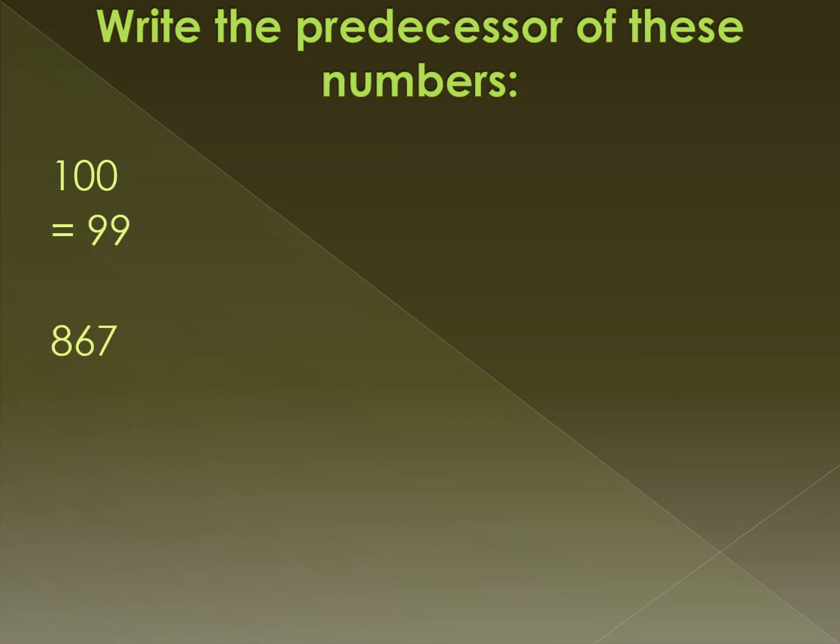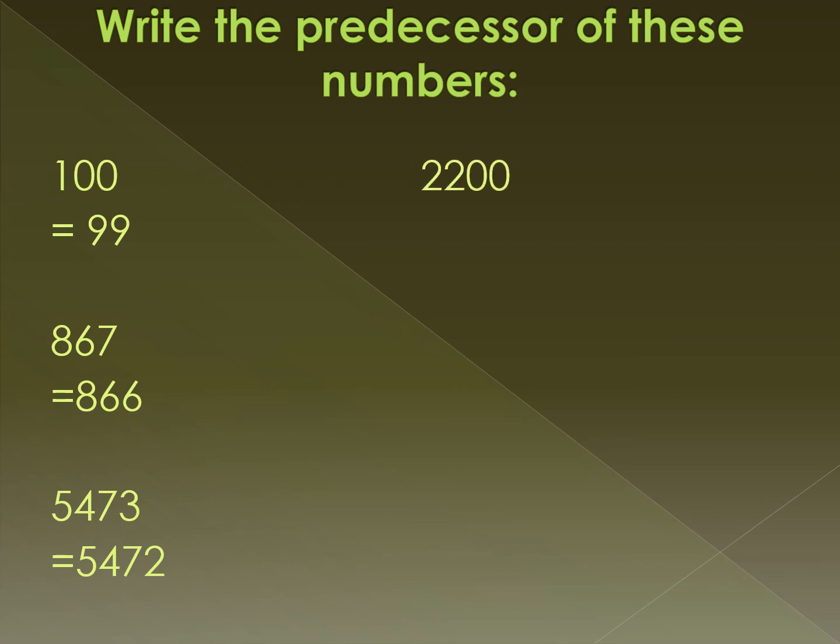The predecessor of 867 is 866. The predecessor of 5473 is 5472.